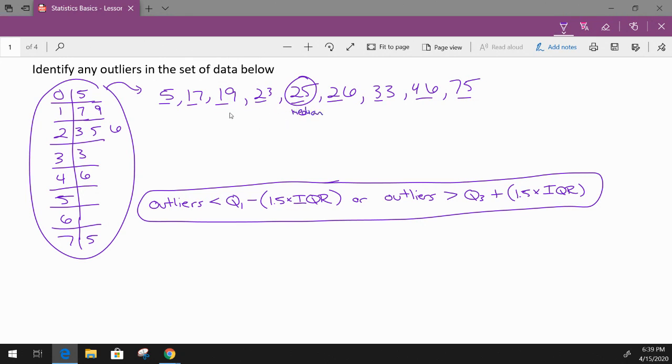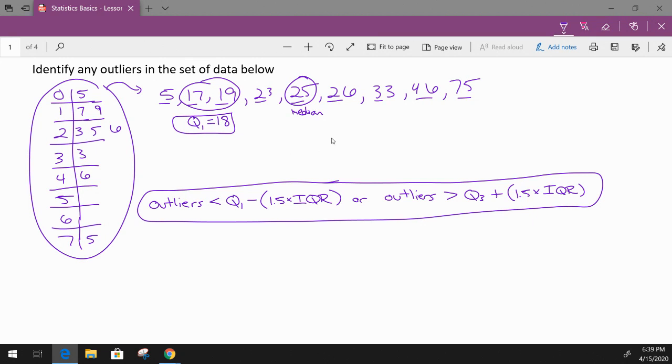To the left of my median, I have 4 numbers. So Q1 is going to be the median of these 4 numbers, the average between 17 and 19. The average between 17 and 19, or Q1, is going to equal 18, because if I added 17 and 19 together and divided by 2, I'd get 18. Also, 18 is the middle number between 17 and 19.